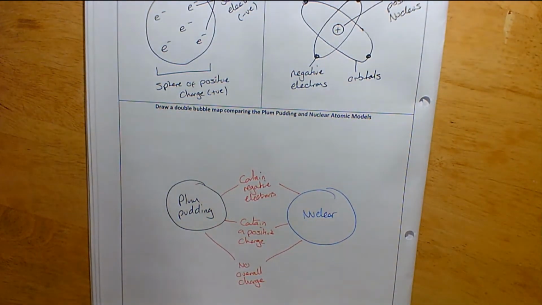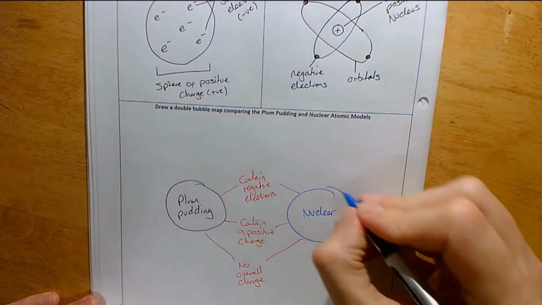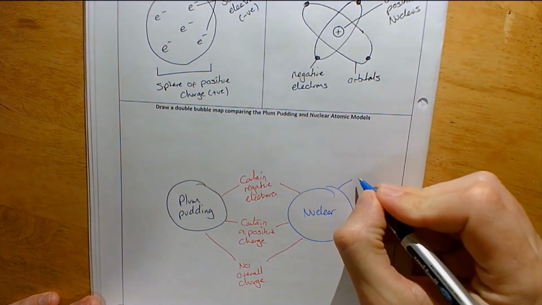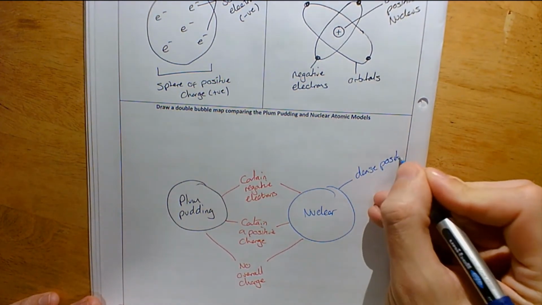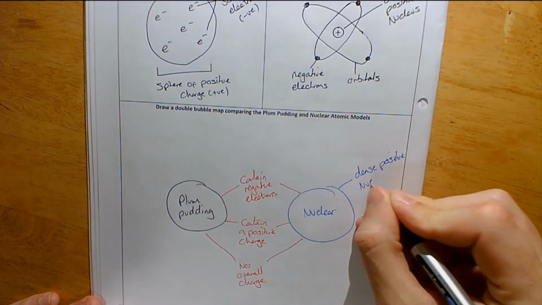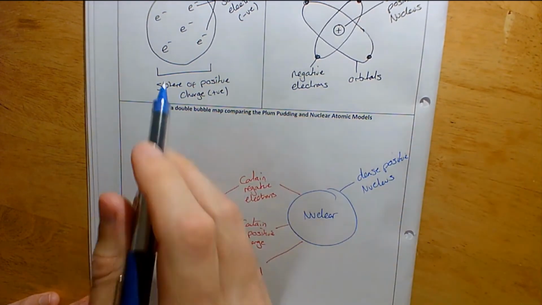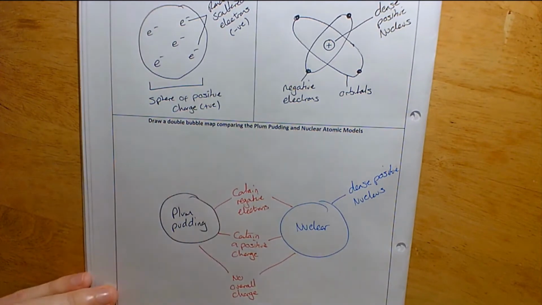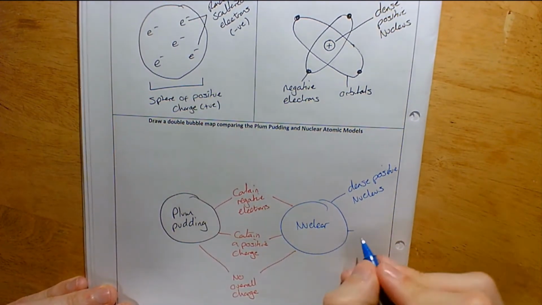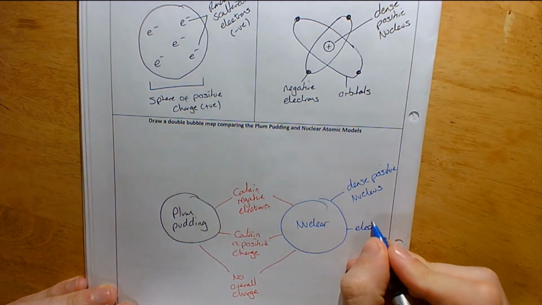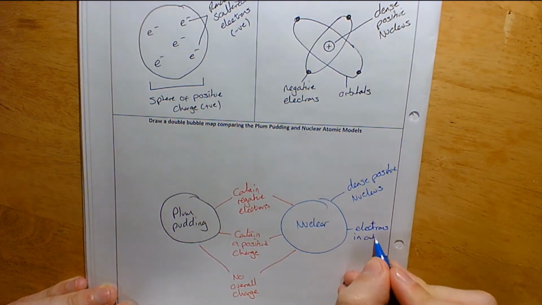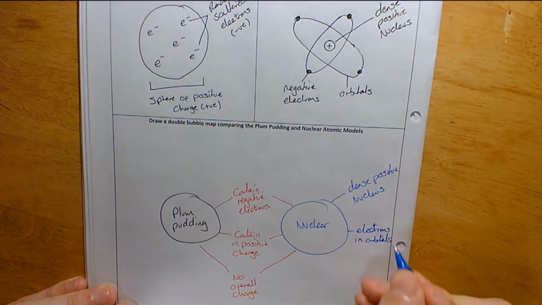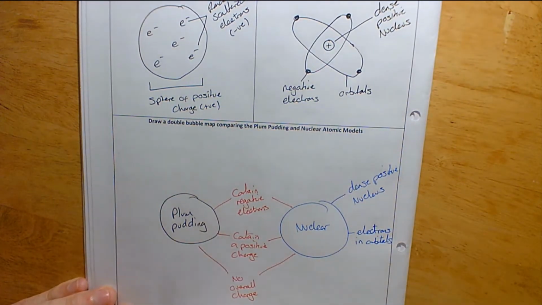So let's start to look at the differences. So the nuclear model has a dense positive nucleus, which the Plum pudding model does not have. It also has electrons in orbitals, which again the Plum pudding model doesn't have.